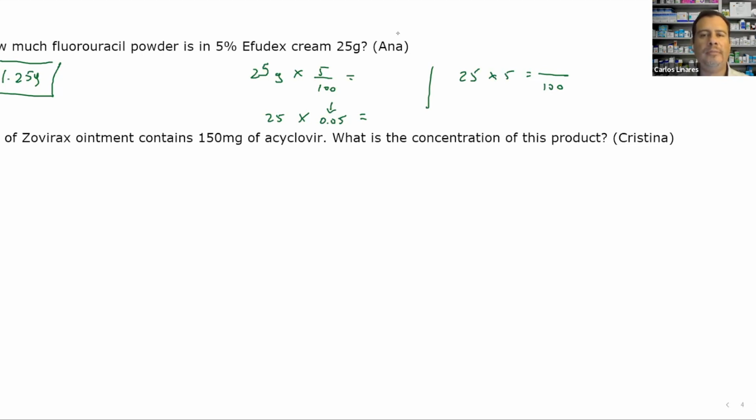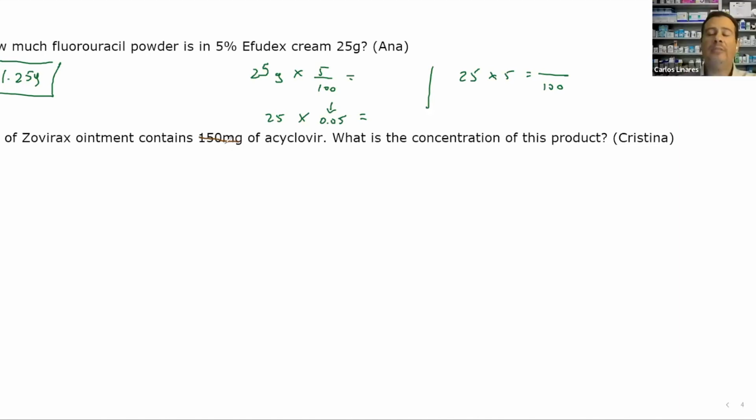What about you, Christina? Yours is very similar to the first one Anna did. What do I see here that stands out that I need to correct or change? The grams? Not so much the grams, but the milligrams.